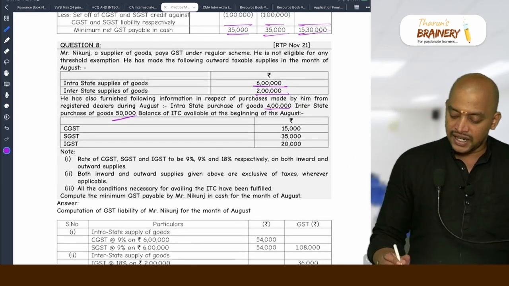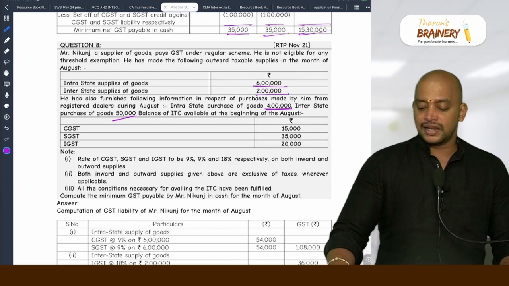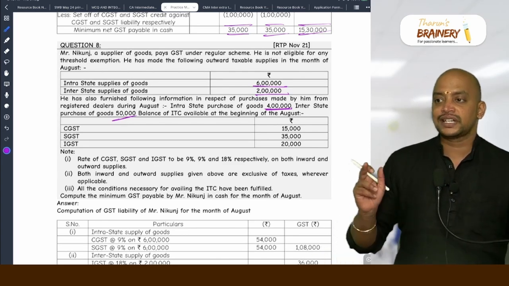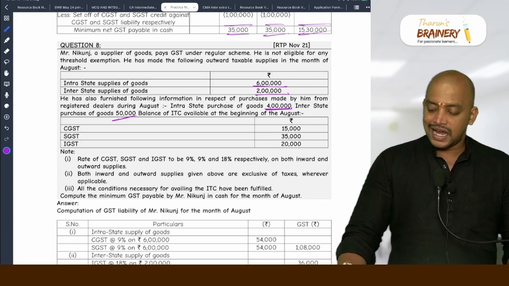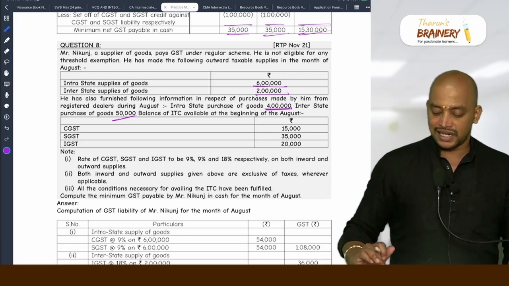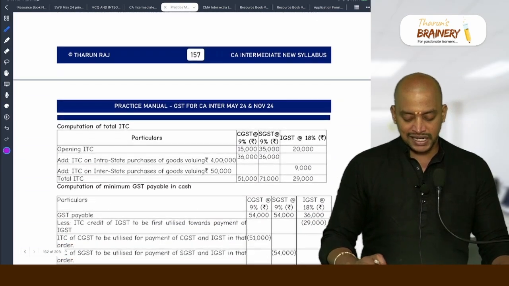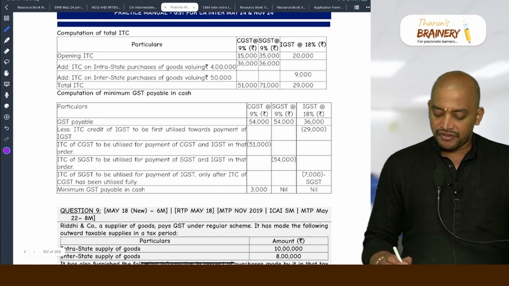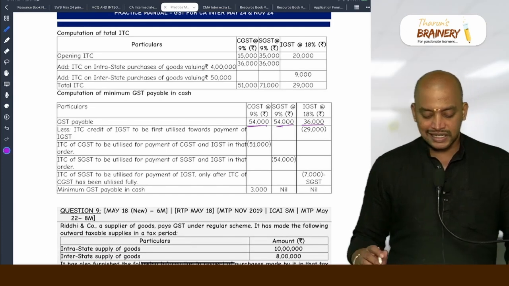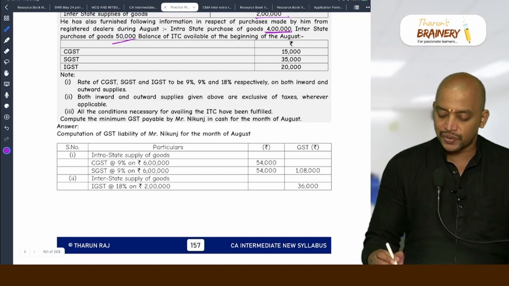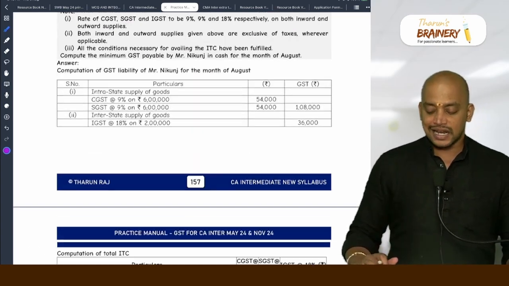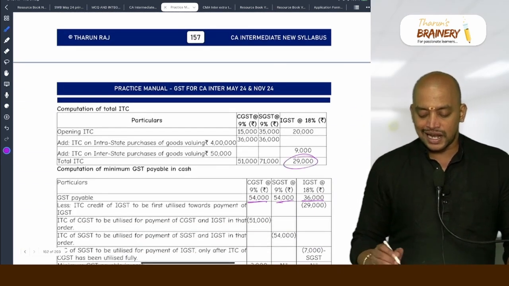In that ITC, 4 lakhs intrastate means 4 lakhs into 9%, 36,000 CGST, SGST, and 50,000 into 18%, 9,000 will be IGST. Now 54 and 36, and what is the IGST credit that we have? Already opening balance 20 plus this 9,000, so 29,000.